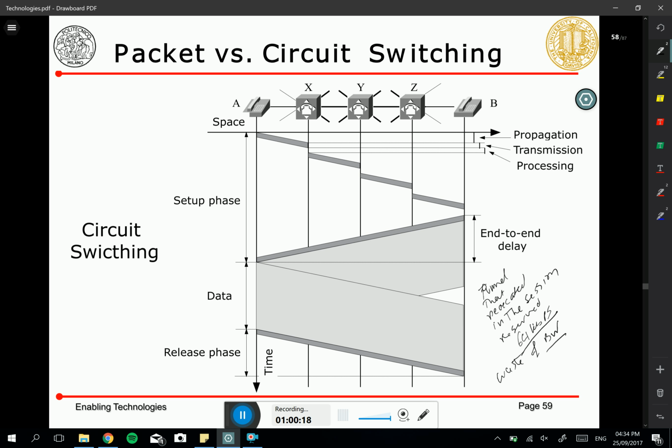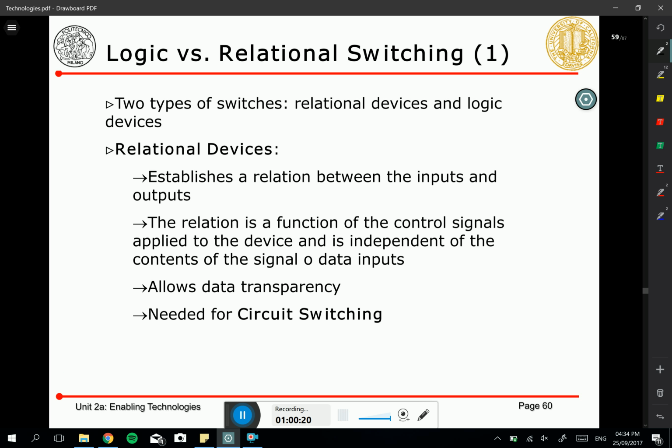Sometimes you read books that will use a different terminology for switching, which is logic versus relational. Basically, the point is relational is circuit switching, and logic is packet switching.